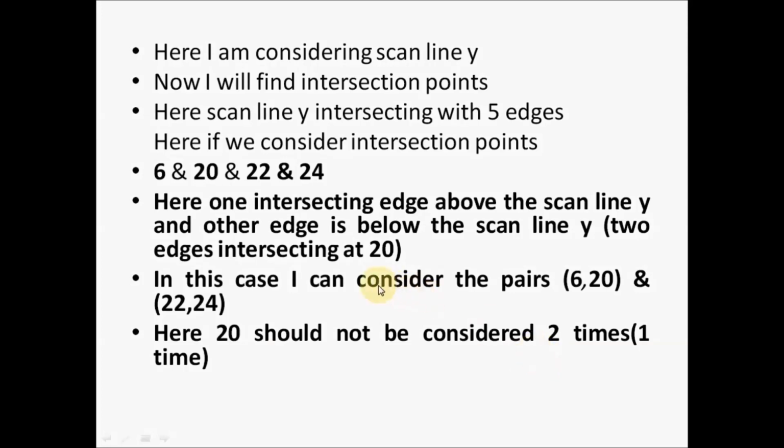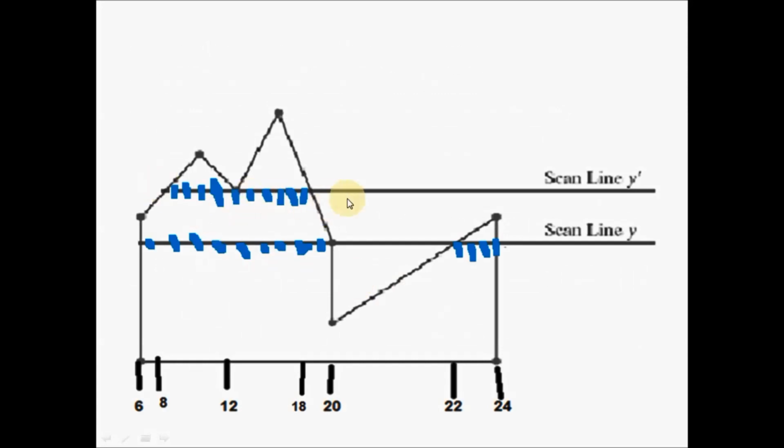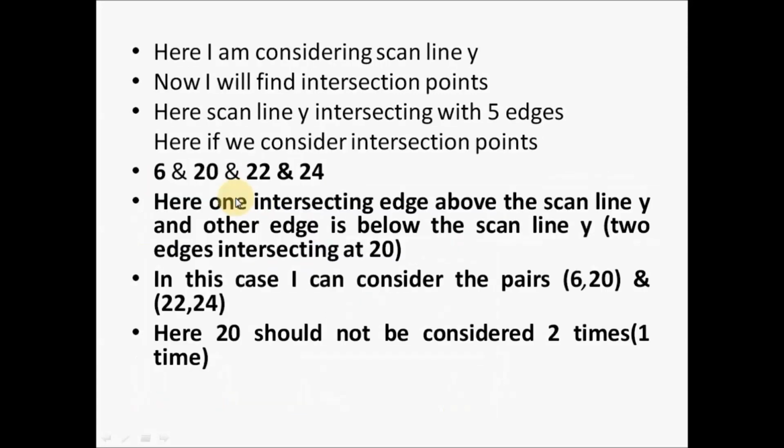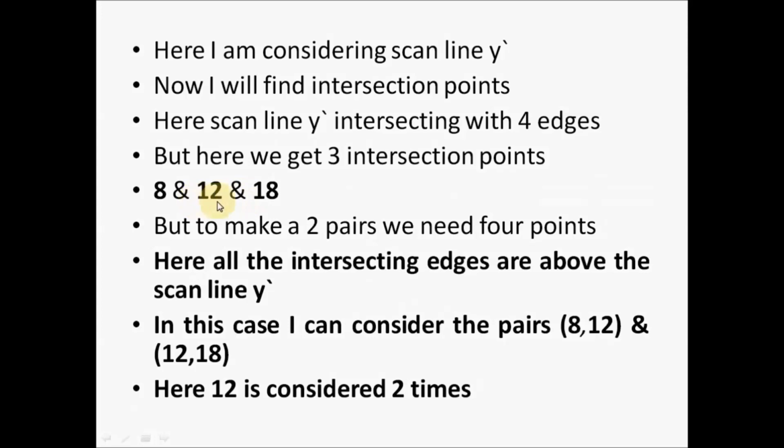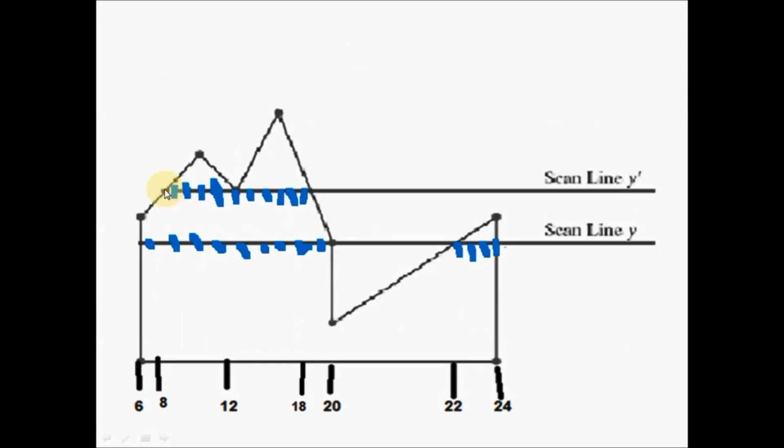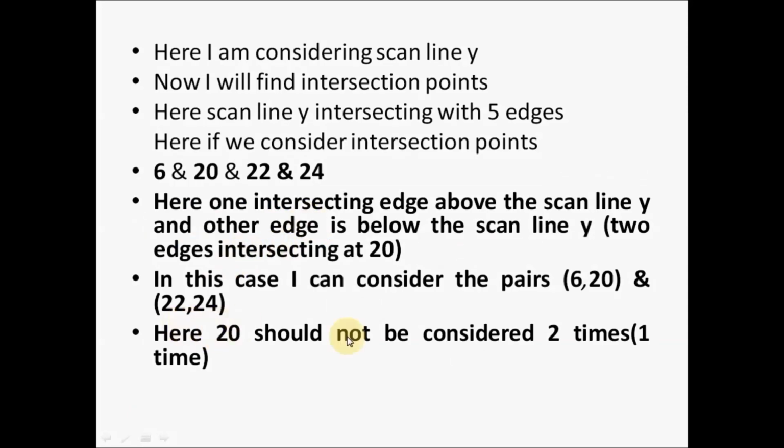So based on this I filled the polygon. So this is the example. See, in the first case 8, 12 and 12, 18 are the pairs. That's why 8, 12 filled, 12, 18 filled. In the second case the pairs are 6, 20, 22, 24.